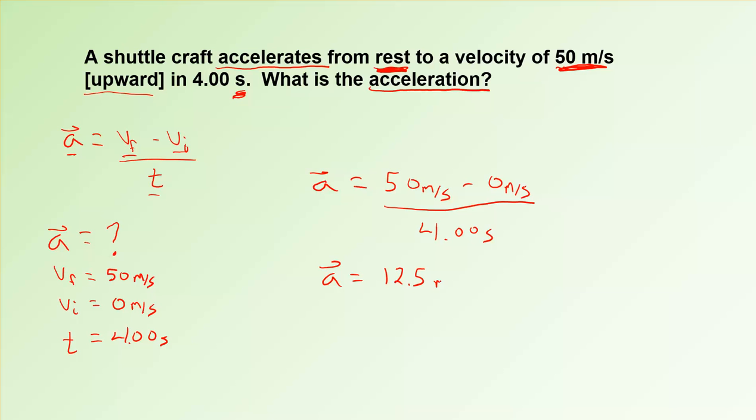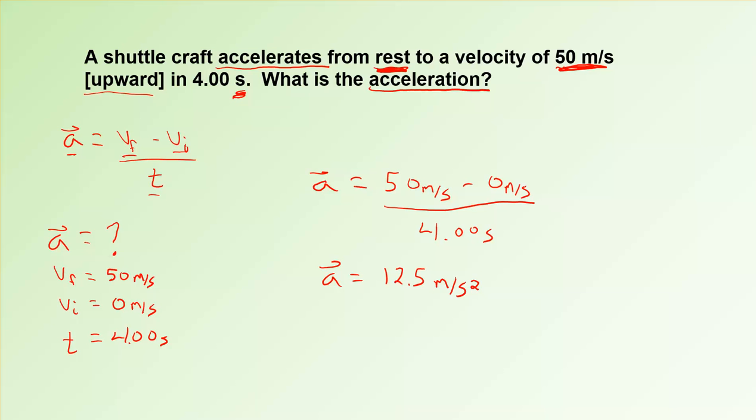If you do that calculation, you find that your acceleration is 12.5 meters per second. The units here are important: meters per second squared. Oh, that should be a 2; I'll draw it a little better so you see that. Those are our units for acceleration. There has to be a squared at the end of it, and it makes you look smart, like a scientist. One last thing: 12.5 meters per second squared. We do want to look at our significant digits.